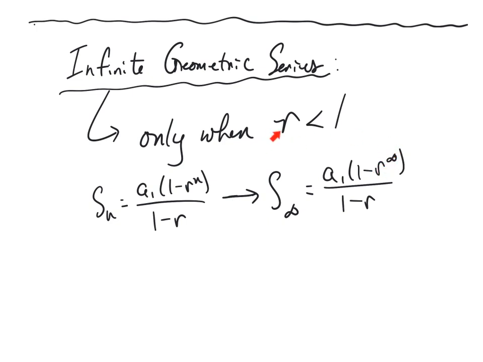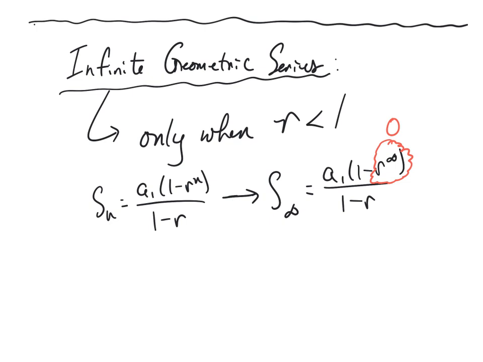And when r is less than 1, so think of something nice and easy like 1/2 or 1/3, when this r value is smaller than 1, and we raise it to an infinitely large power, it gets smaller and smaller, and this term, let me circle it in red, gets closer and closer to 0.